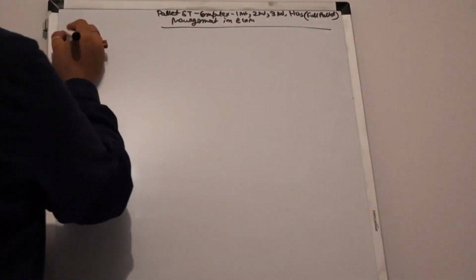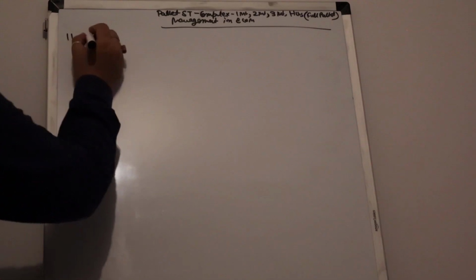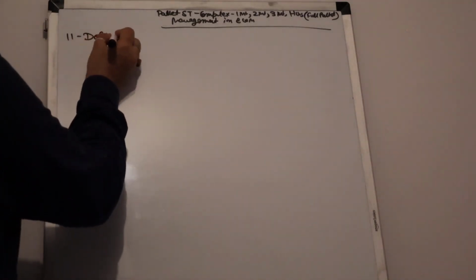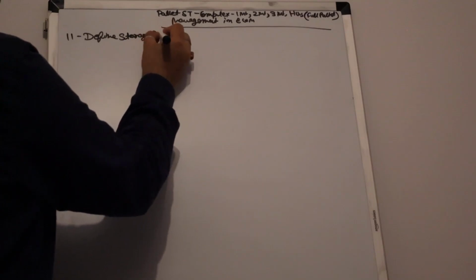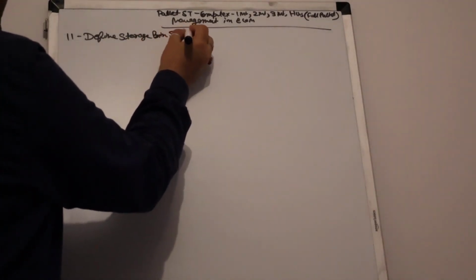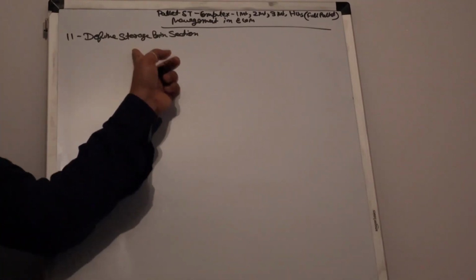Now in the 11th point, we need to define the storage bin section. We need to define storage bin sections, because first we have storage type, storage section and storage bins. So we need to define this storage section, which is mandatory and must be there as configuration.